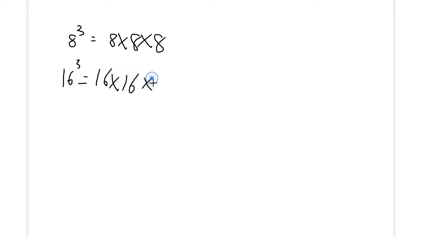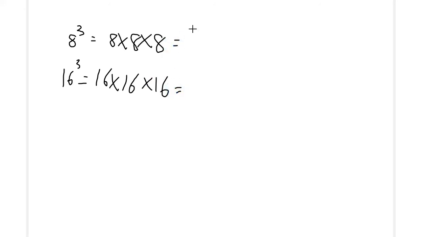For any number that is cubed, it's just the same. Or you say 16 to the power 3. For 8, it's 8 times 8 times 8. For 16, it's 16 times 16 times 16.